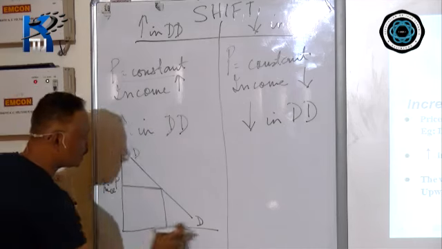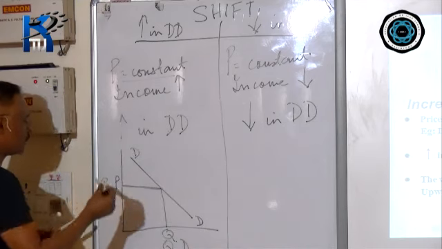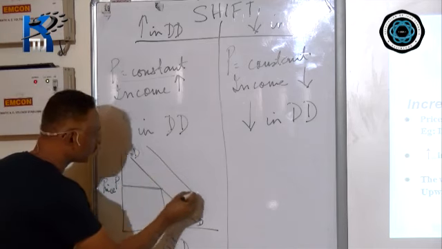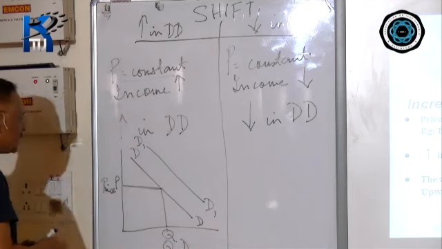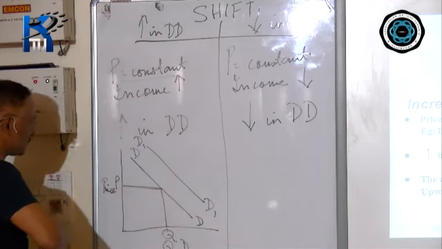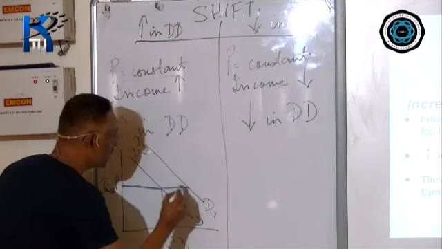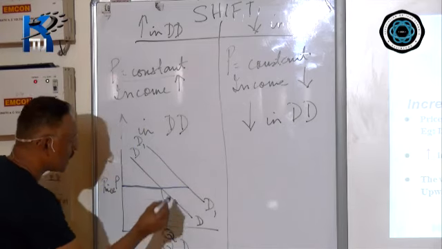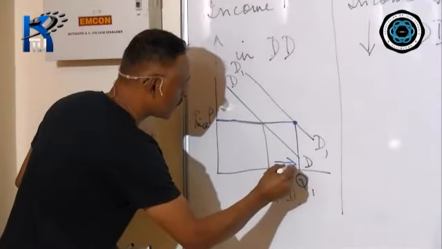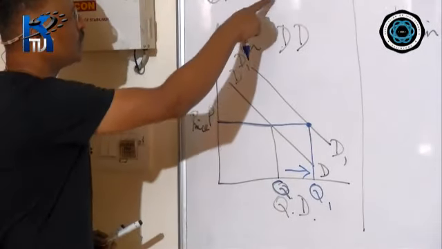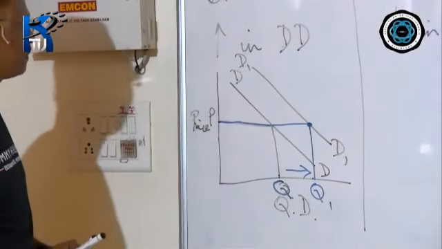How can your demand increase? Your demand can increase only if the demand curve shifts. D1, D1. So what's happening here? Price remains constant, same price. You are here, now you moved here. Q1. Price remains constant, your income may have increased. What happened? There is an increase in your demand.